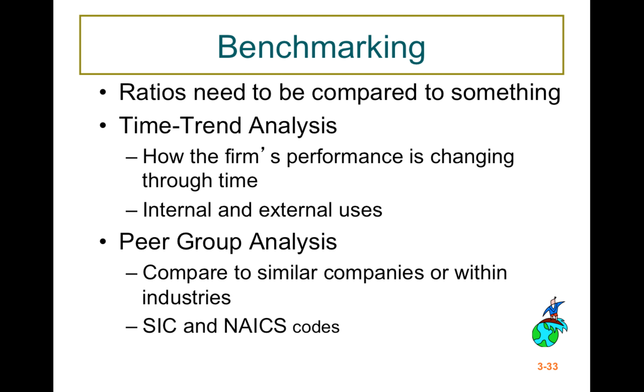SIC and NAICS codes will help with that, and I want to star this point here for long term with your capstone, that if you get into a specific area, make sure that you know what SIC and NAICS codes are, because that will help you with your benchmarking when you compare your financial ratios to some sort of industry conglomerate or a couple competitors, that sort of thing.